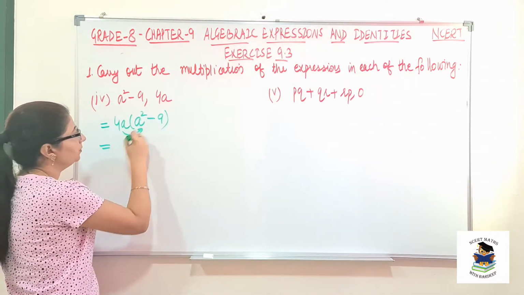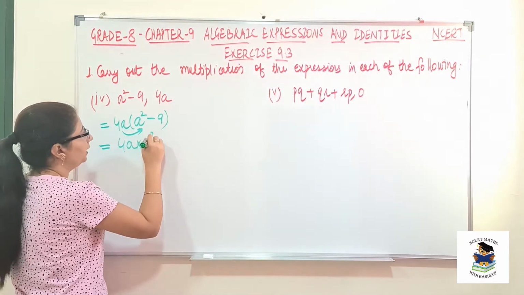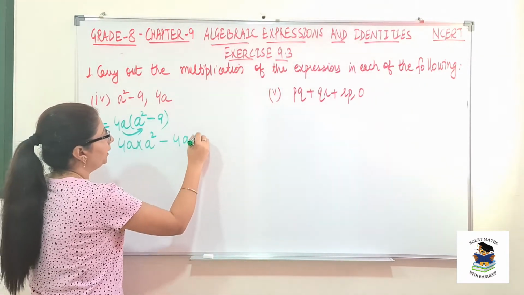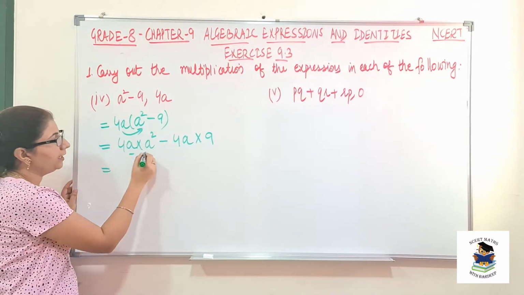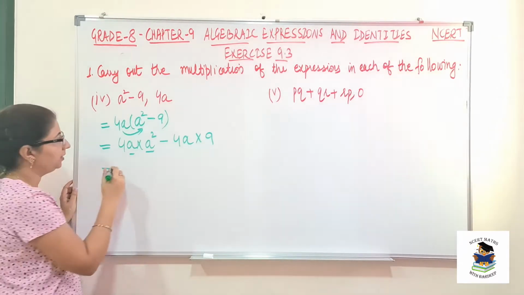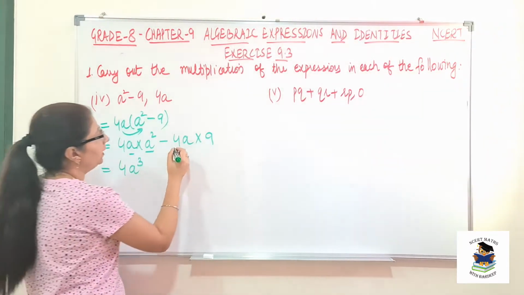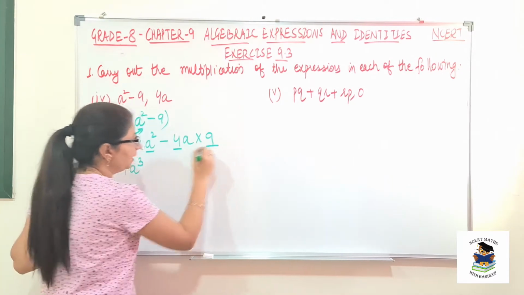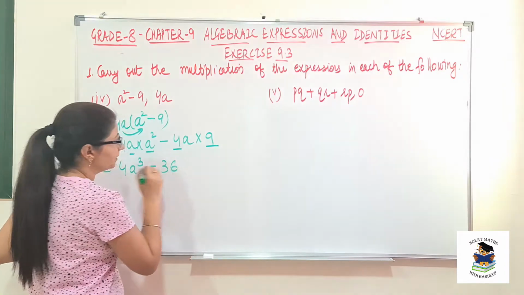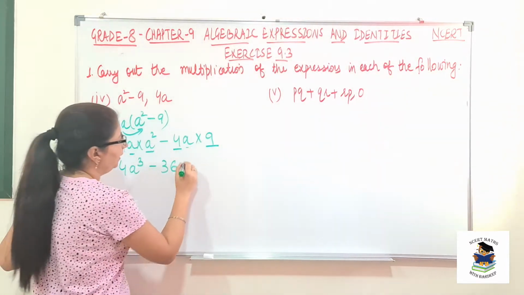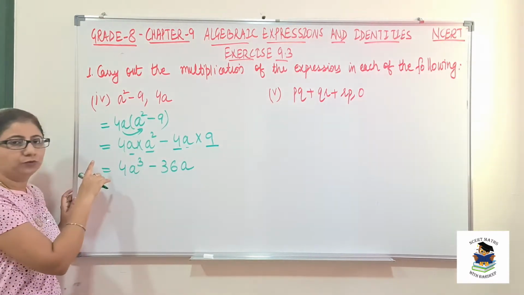First, 4a into a square: a into a square will give me a cube, that is 4a cube. Now 4a into 9. Here we have one number and a second number, so we will multiply them first, that is 4 into 9 as 36, and a as it is. Okay, so this is my final answer for the fourth part.